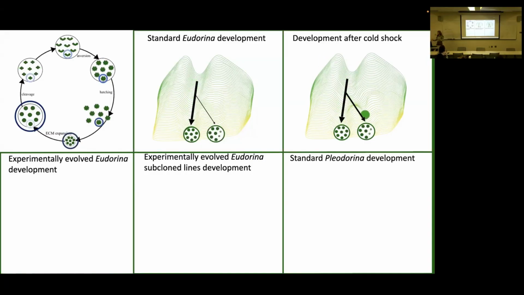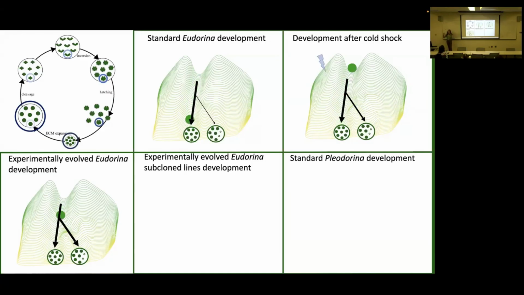When I experimentally evolve my Eudorinas, I find that in these populations, development consistently proceeds along either of these pathways without the need for that external environmental signal to modify development. So the changes in developmental landscape that were previously induced by cold shock are now stable.